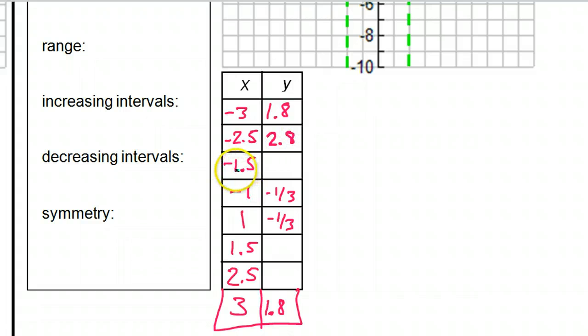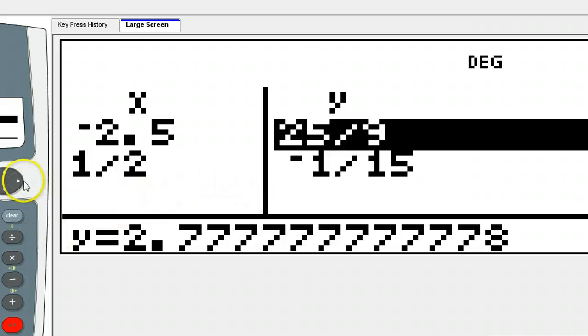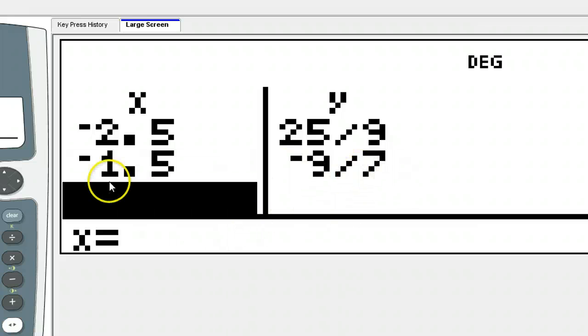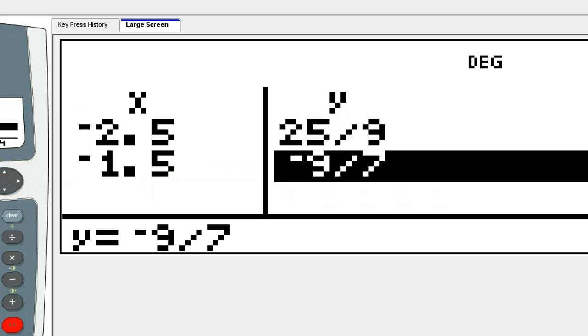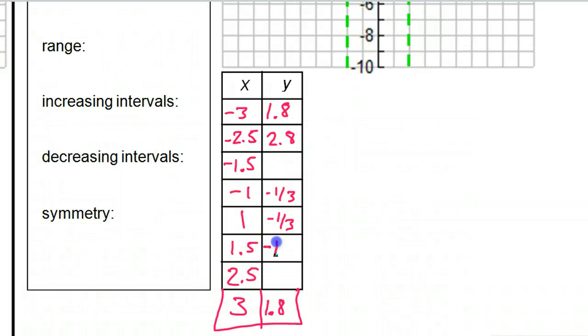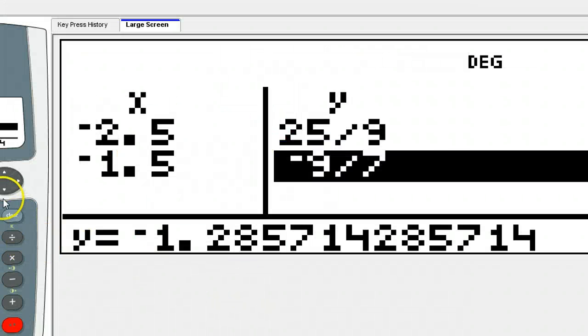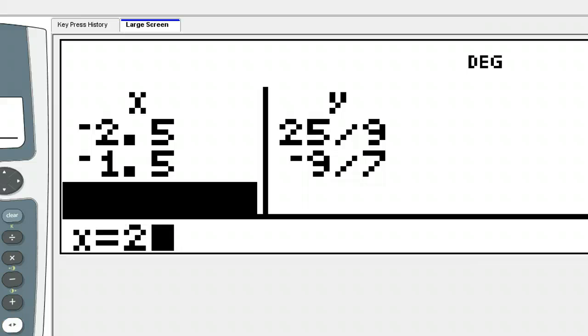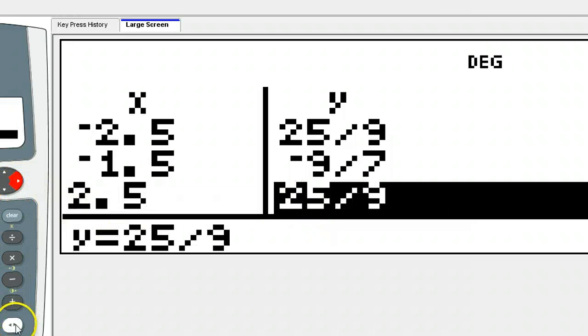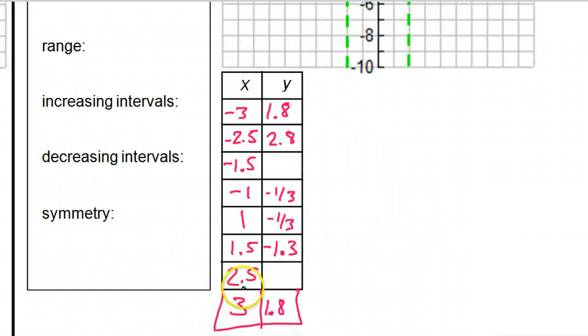Okay, and then negative 1.5. So I'm getting this. That's negative 1.3. And then 2.5. Well, there's that 25 over 9 again. Alright, again that's 2.8.